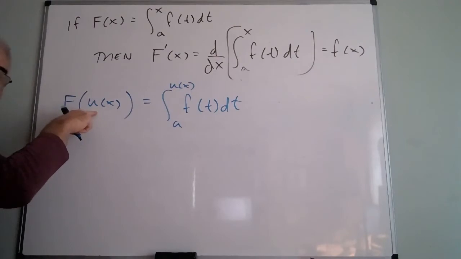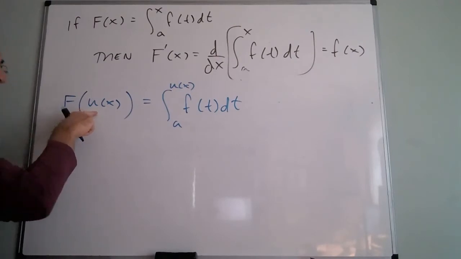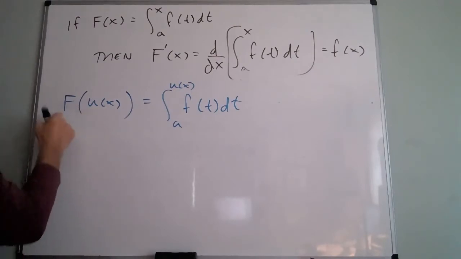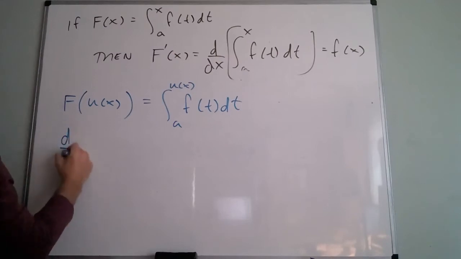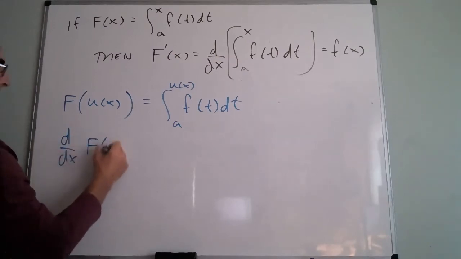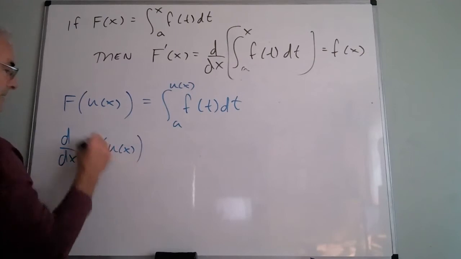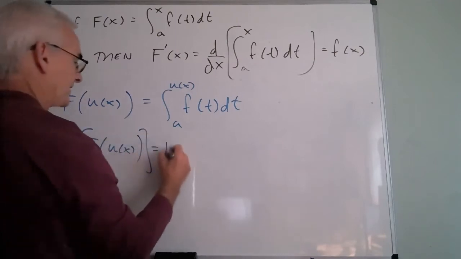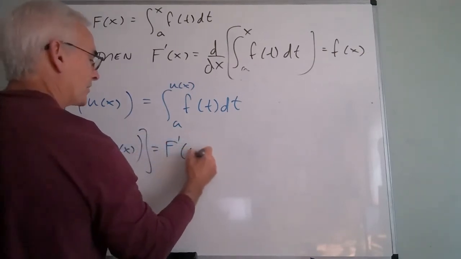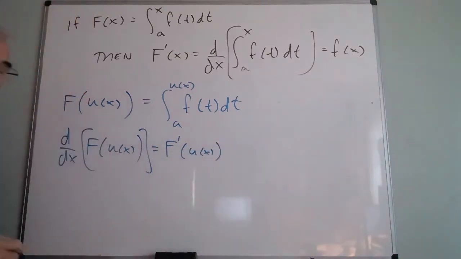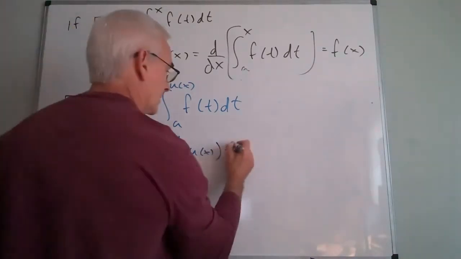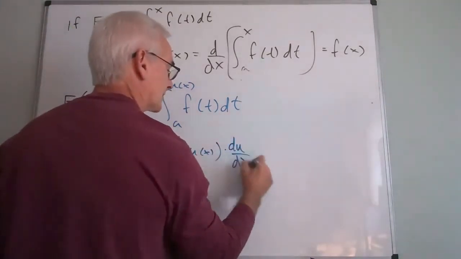So assume this is a function and not just x. Now, if I want to do the derivative of the left side, d/dx of f of u of x, well, I know that's f prime of u of x, and then there must be a chain rule factor times du/dx.